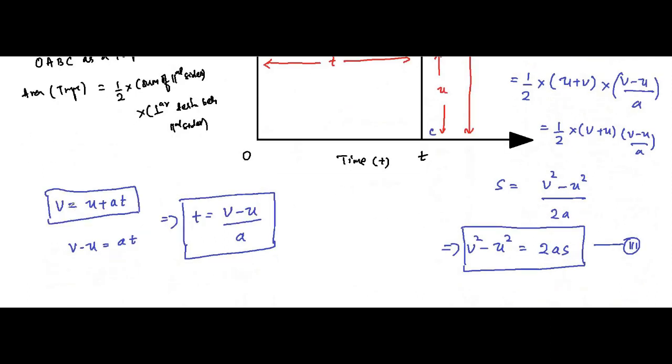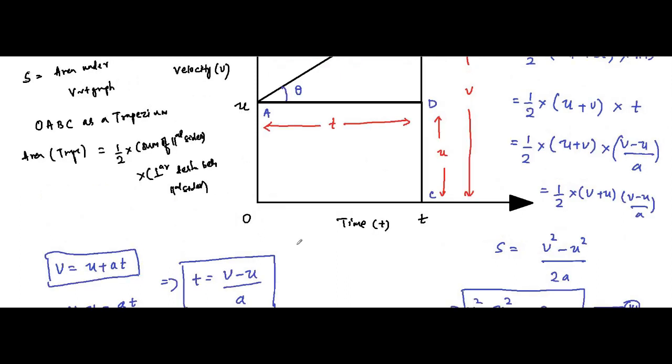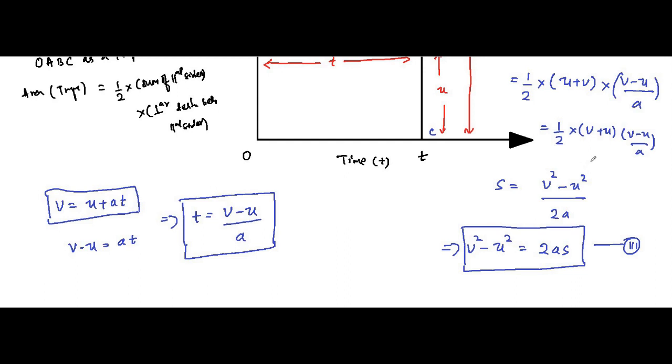Then we used the first equation of motion, v is equal to u plus at, to get t in the form of v minus u by a. Then we substituted that value of t here and we got s is equal to v square minus u square by 2a, and we got the third equation of motion.